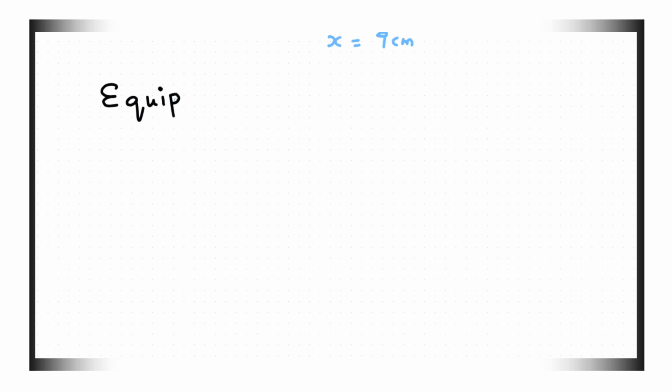Equipotential surface. As the word suggests, equipotential means equal potential throughout. Equi means equal, and potential means the potential at the surface.